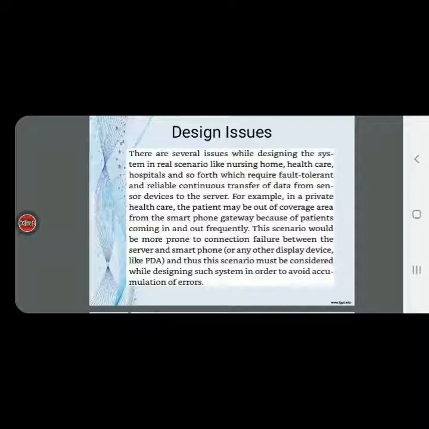This scenario would cause more connection failure between the server and smartphones. In hospitals we use sensors. The sensors are designed in a particular way. When the patient is out of range, the sensor will be disconnected, so whatever suddenly affects the person is not shown in this system.